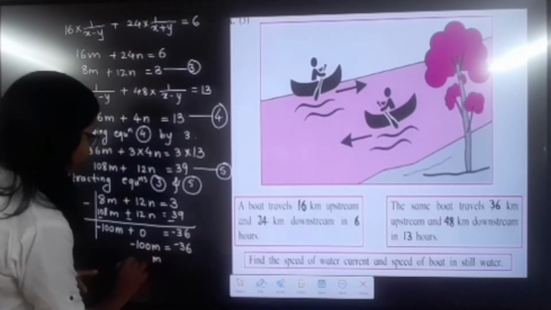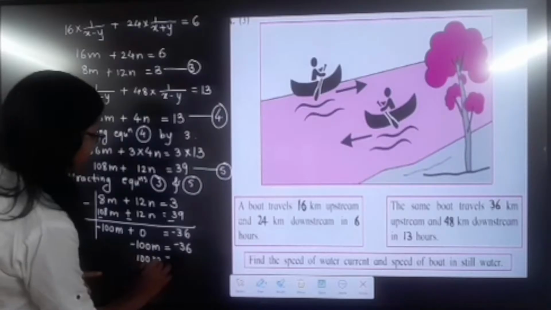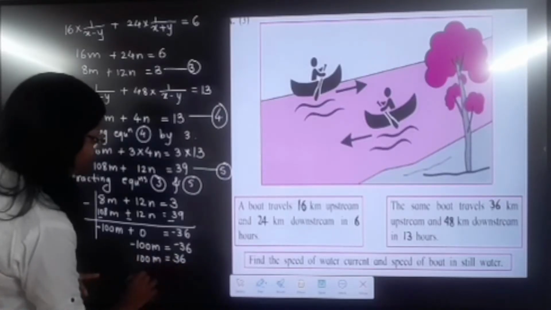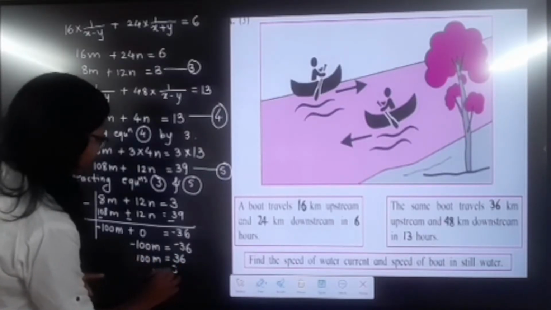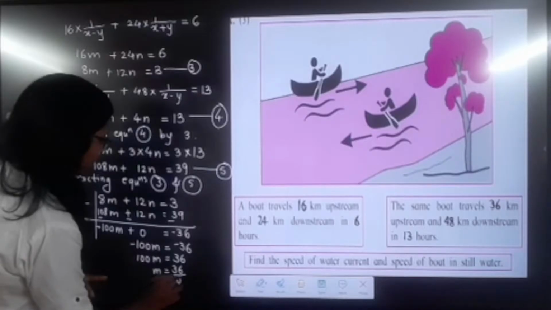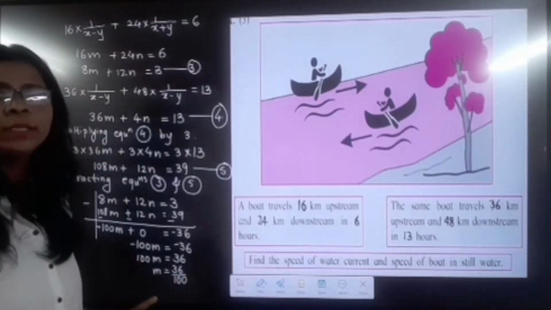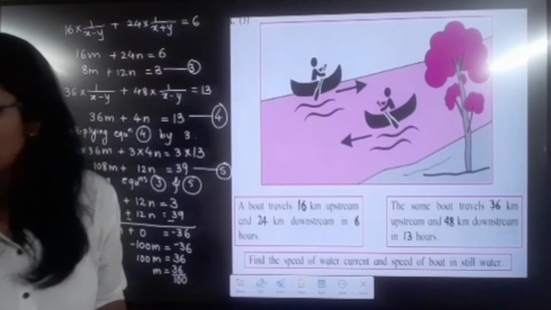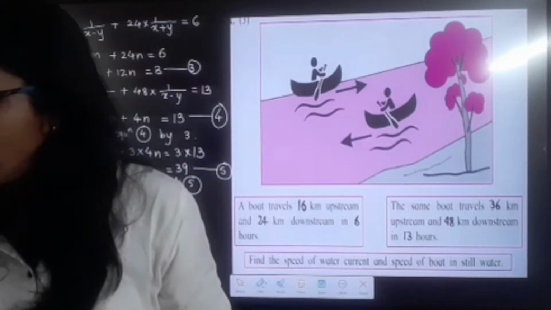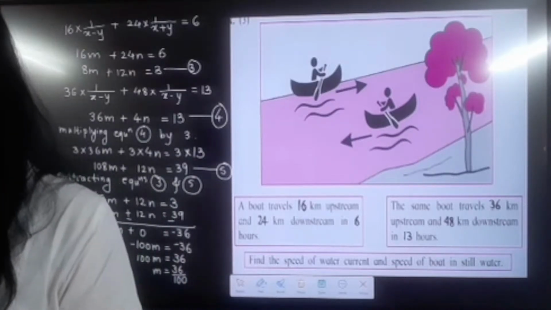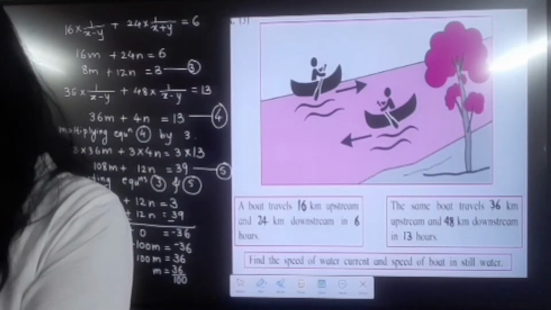So 100m is equal to 36 and m is equal to 36 upon 100. Now we have to simplify this m.